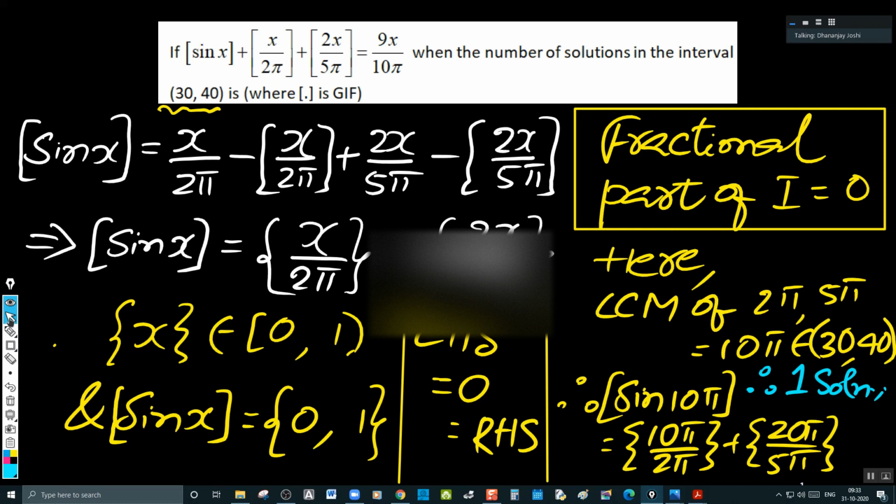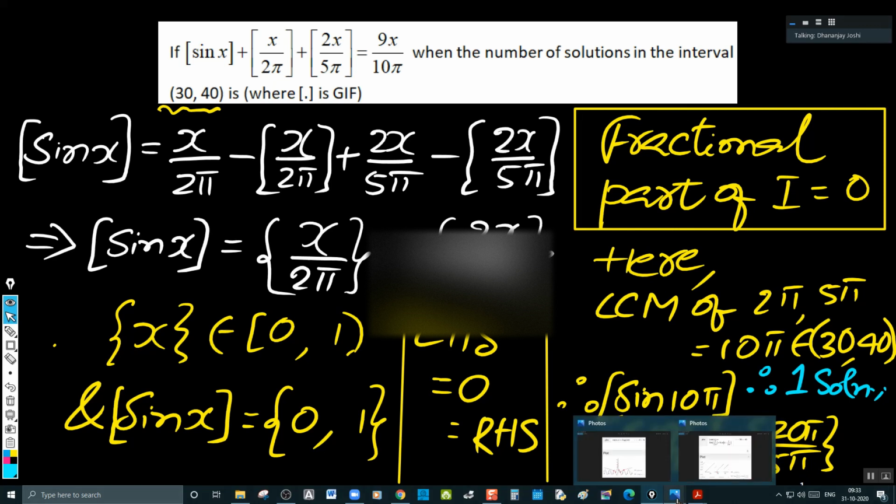Then मैंने 9x by 10 pi किया और फिर 9x by 10 pi का रेंज आया और फिर मैंने उस रेंज में से जो भी प्रॉपर इंटीजर वैल्यूज है वो सेपरेट किया. और फिर मैंने 2x by 5 pi और x by 2 pi का भी सेम ही किया और फॉर the fractional part of sin x, -1, 0, 1 दिया क्योंकि उन तीनों के अलावा कुछ और आ नहीं सकता है. फिर मैंने सब्स्टिट्यूट किया और फिर उसके बाद मुझे 1 आया. गुड आइडिया. वो दिमाग में आ जाता सर, ये दिमाग में आता ही नहीं कभी ऐसा.